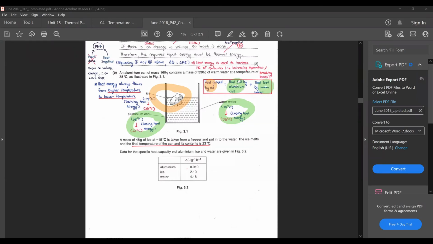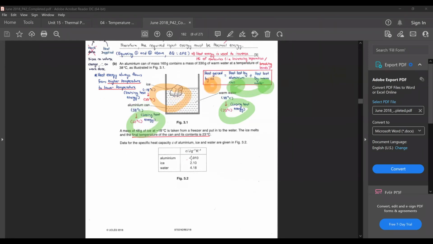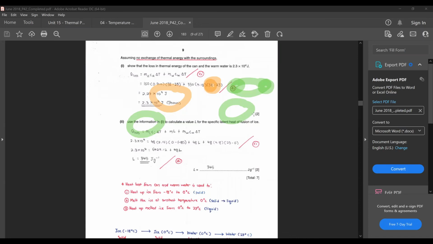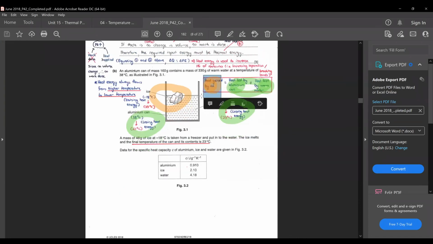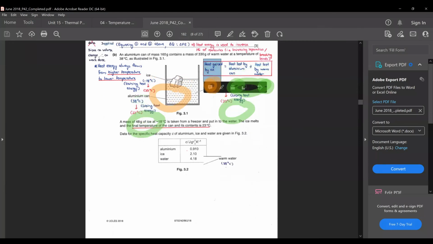So whatever heat was lost by the can and warm water would have been the heat gained by the ice in the first place, okay? So they're asking you to find the specific latent heat of fusion of ice, which should be for this part here, okay?